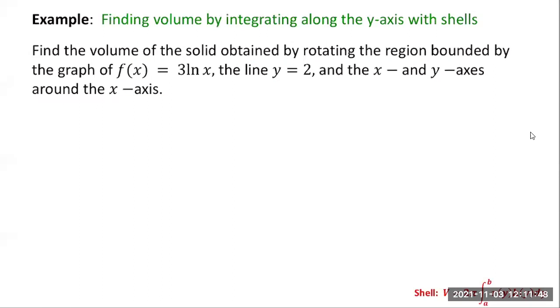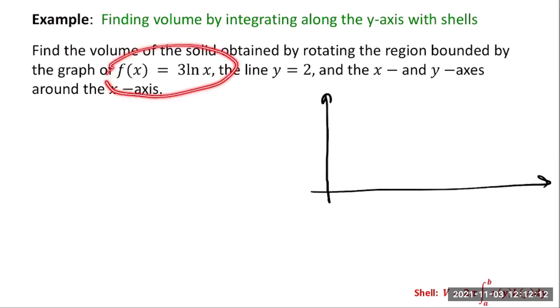Let's first identify the region that you want to rotate. To identify that region, I'm going to graph the given function, f(x) equal to 3 ln x.